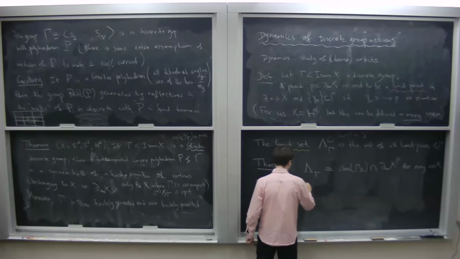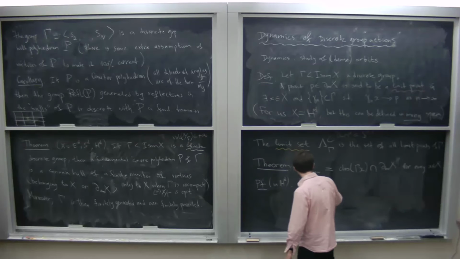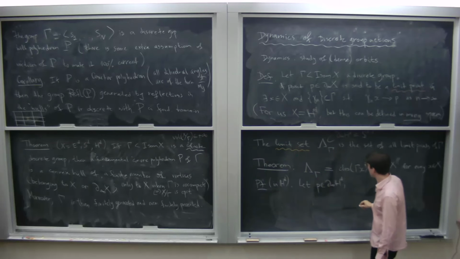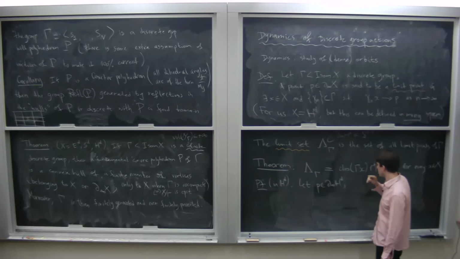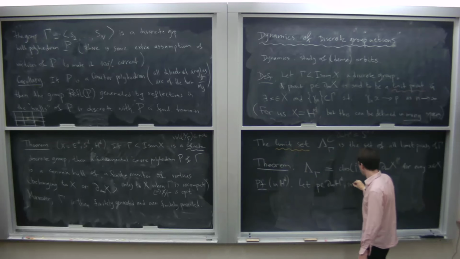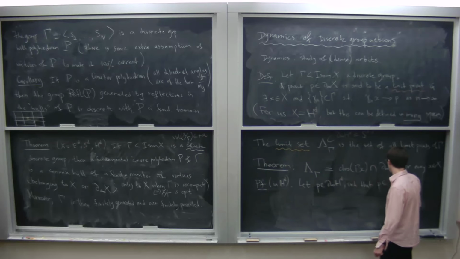So let P be a point from the ideal boundary such that P doesn't belong to the limit set, right?